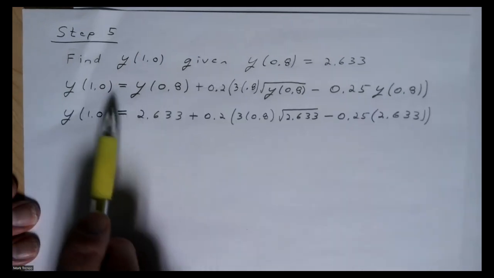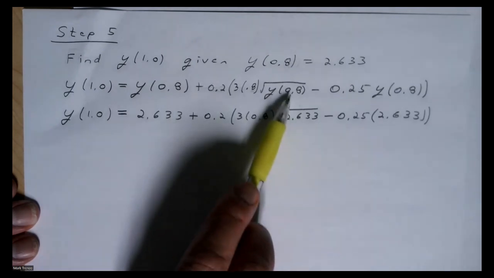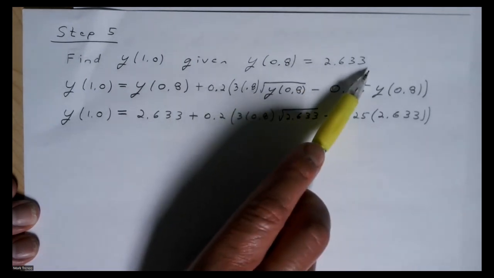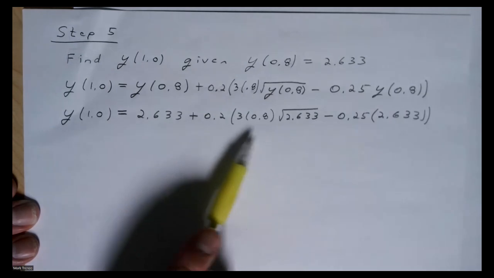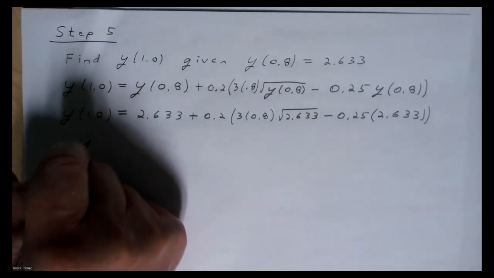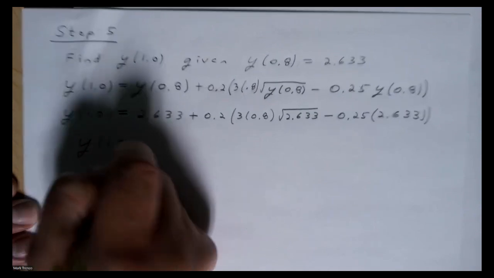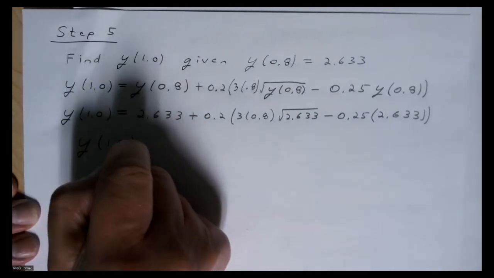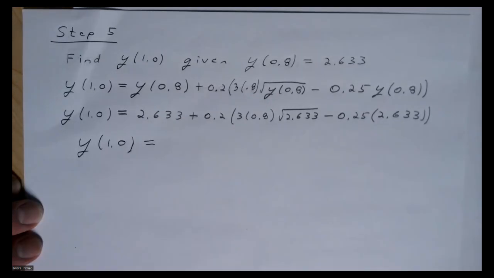And then substitute everything at 0.8. Again, we found that a little while ago. Substitute all your values in. Then when you put this in your calculator, you get around 3.280.